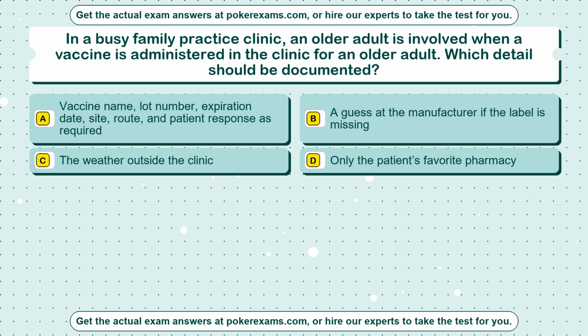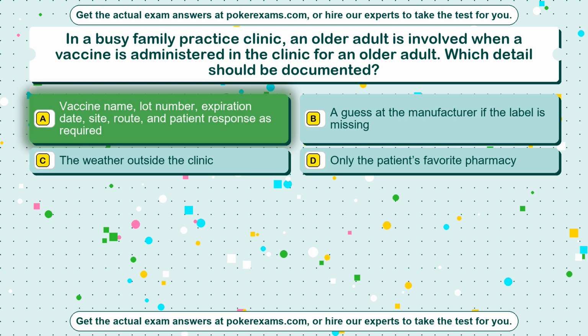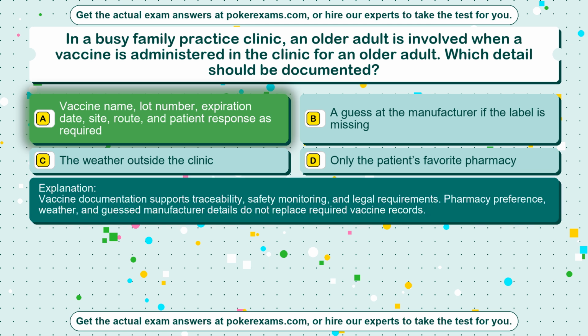Option D, only the patient's favorite pharmacy. The correct answer is option A, vaccine name, lot number, expiration date, site, route, and patient response is required. Vaccine documentation supports traceability, safety monitoring, and legal requirements. Pharmacy preference, weather, and guessed manufacturer details do not replace required vaccine records.